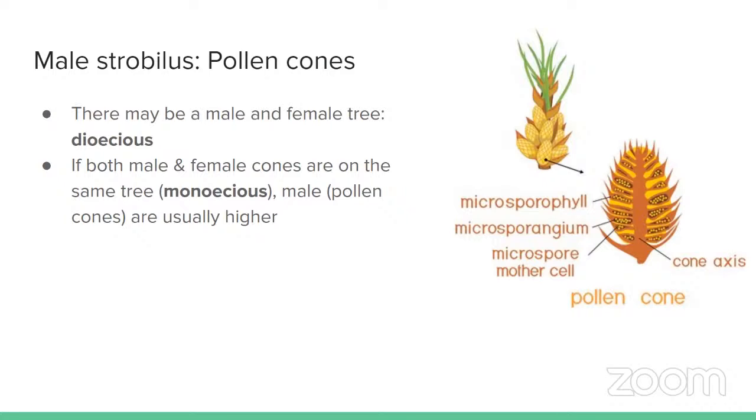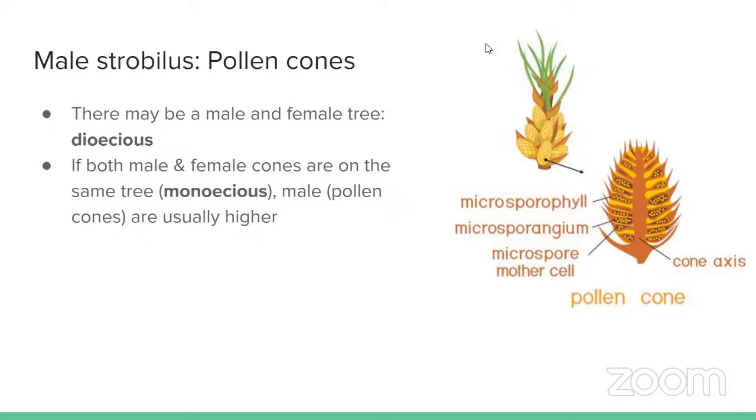If we find both male and female cones on the same tree, we call them monoecious, mono for one, because they're on one tree. If we have a monoecious tree, usually the male cones, the pollen cones, are higher up, so that when they release their pollen, the pollen falls down onto the female cones and is able to spread farther out away from the tree.